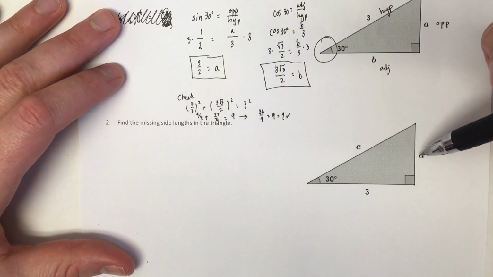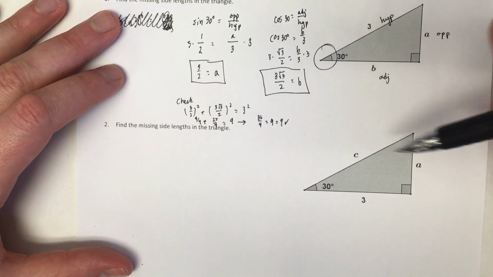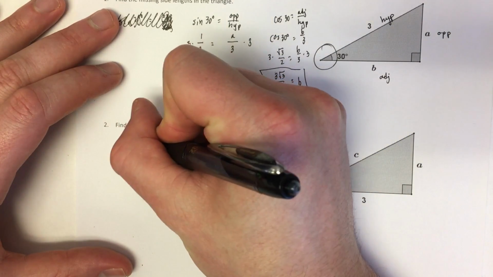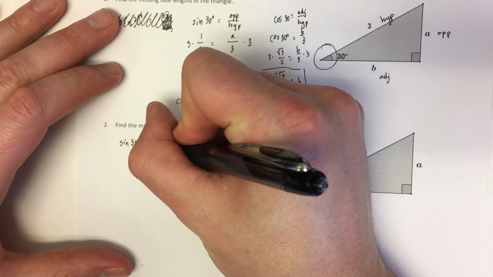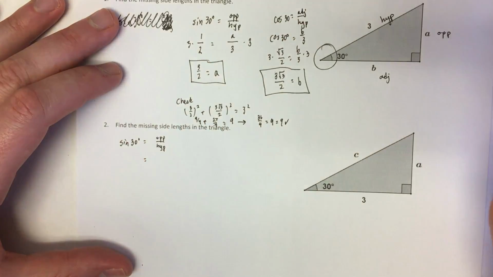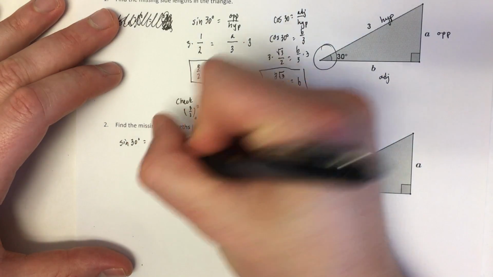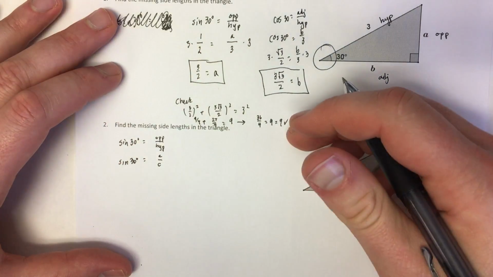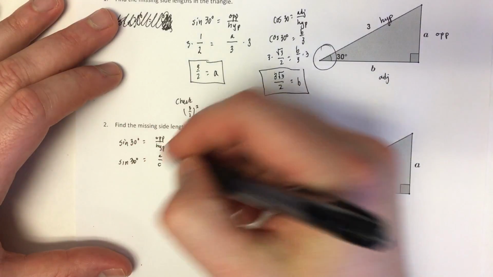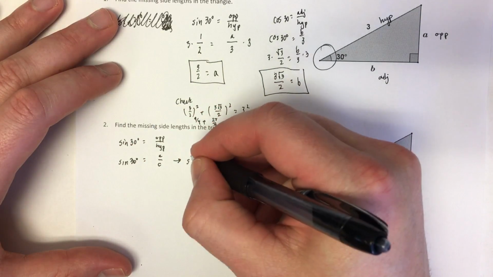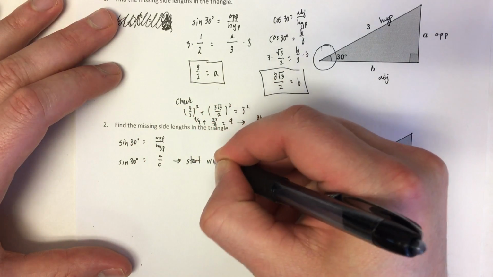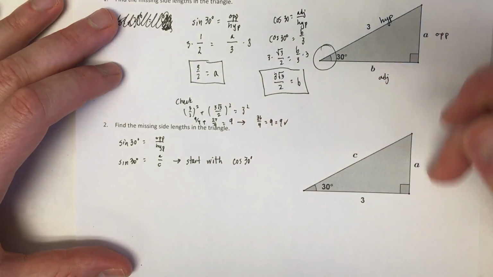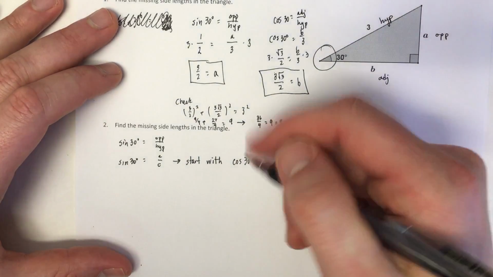Now a little bit of this has changed because if we follow the same pattern, sine of 30 is opposite over hypotenuse. That's going to be a divided by c. And I have two variables here, so actually what this implies is we have to start with cosine. So you do want to start thinking ahead of where the variables are and what you're being asked to solve for.